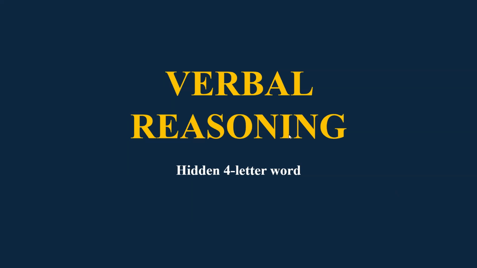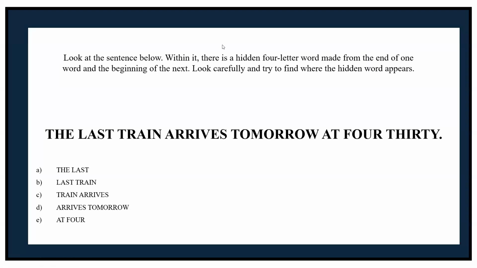Okay, right. So let me do this one all by myself. Let me read the instructions to you first. It says, look at the sentence below. Within it, there is a hidden four-letter word made from the end of one word and the beginning of the next. Look carefully and try to find where the hidden word appears. So we have a sentence on the screen, the big bold sentence in the middle, which says, the last train arrives tomorrow at 4:30.